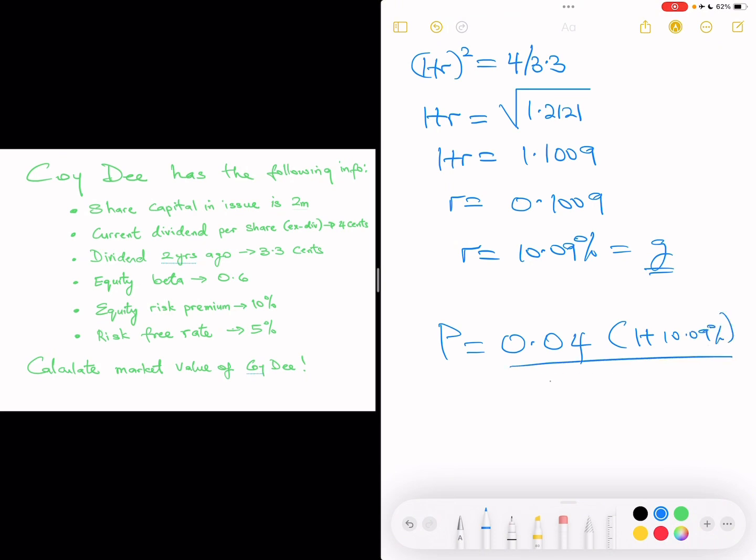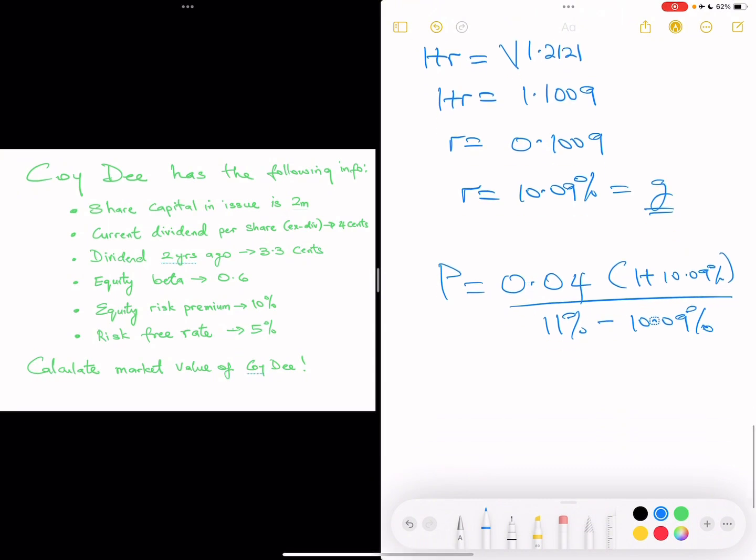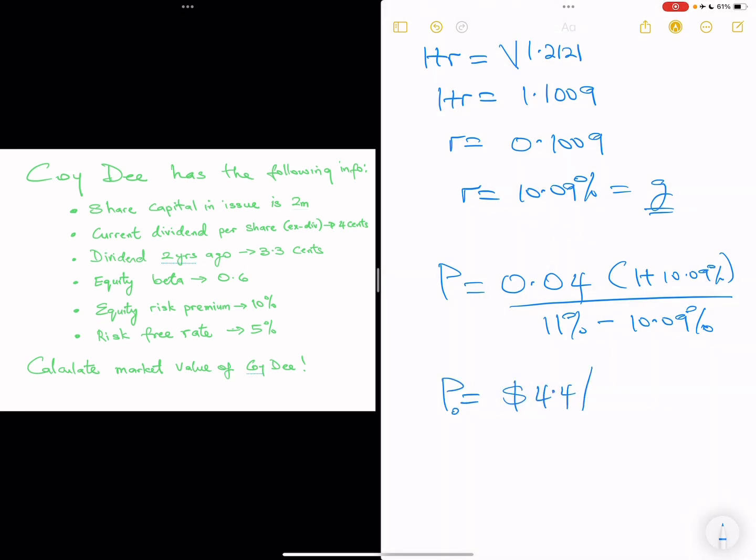Divided by Ke, I know it is 11%, minus g, 10.09%. If I press all of that on the calculator, my price equals $4.4 per share. So that is the price of 1 share.